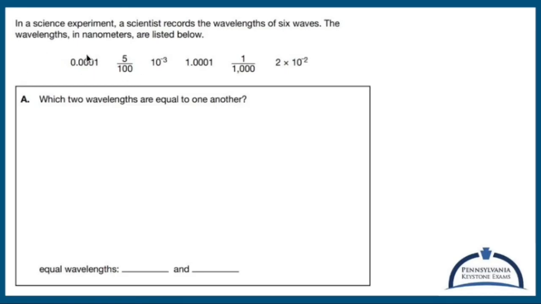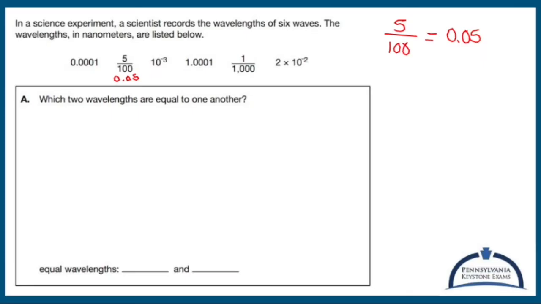Whenever I have to deal with different forms of numbers, I like to view them all in terms of decimals. So I'm going to turn these into decimals. I have 5 hundredths, and I literally am going to write that out. This is the tenths, this is the hundredths. 5 hundredths looks like that.